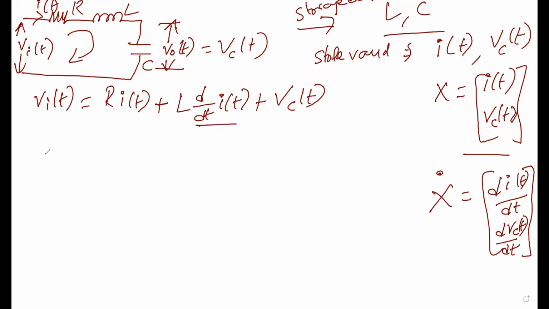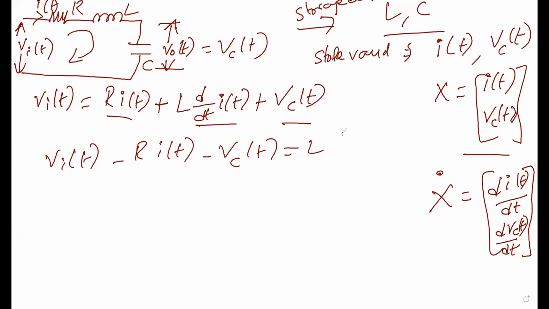Take these two terms to the left hand side. So Vi of t minus R into I of t minus Vc of t equal to L d by dt of I of t. Take this L to the left hand side.